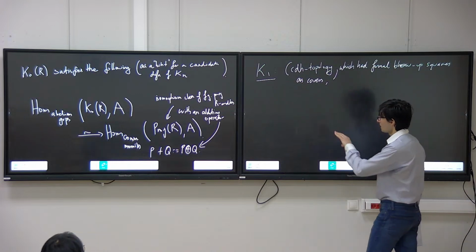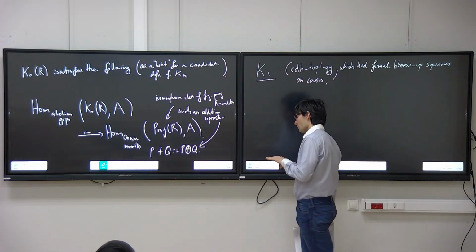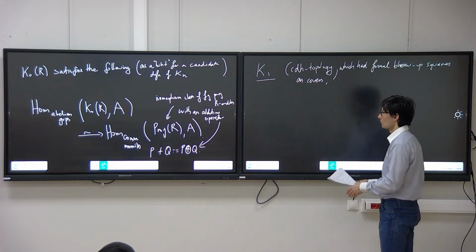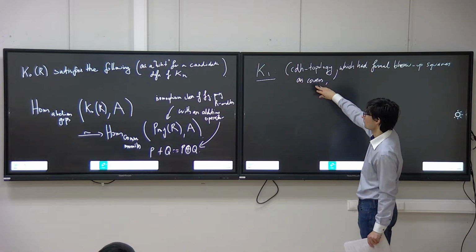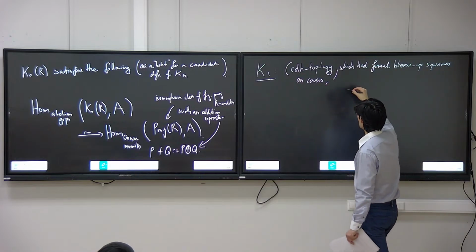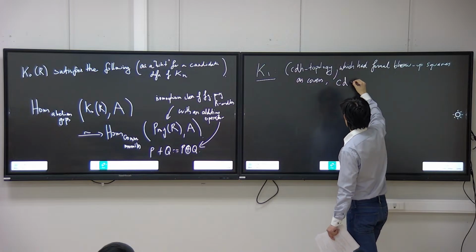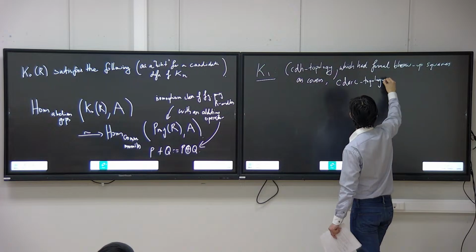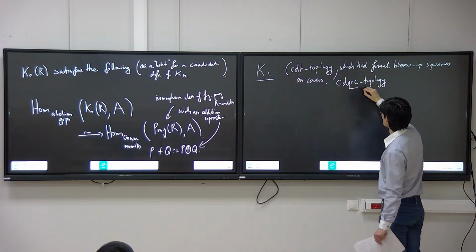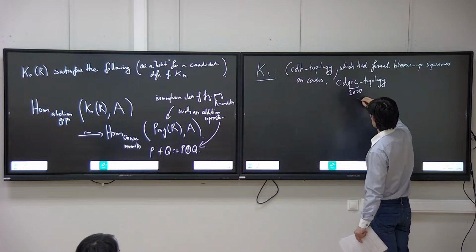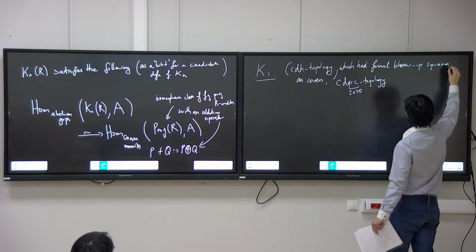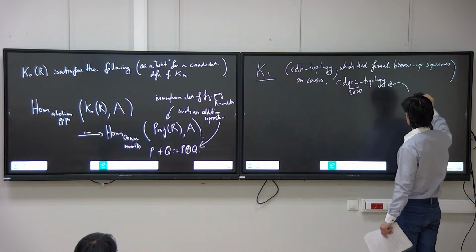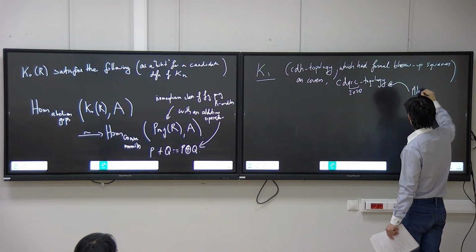But down to earth, the K1 group, which was defined fairly early on, satisfied some kind of descent for closed covers, not quite living in the CDH topology, but in what is now known as the CD arc topology. This is a fairly new topology. The arc topology was defined in 2020, and CD arc also fairly recently. Some covers here are so-called Milnor squares.